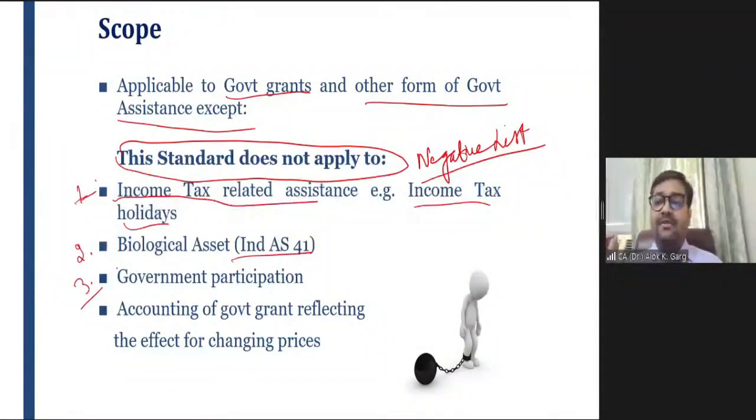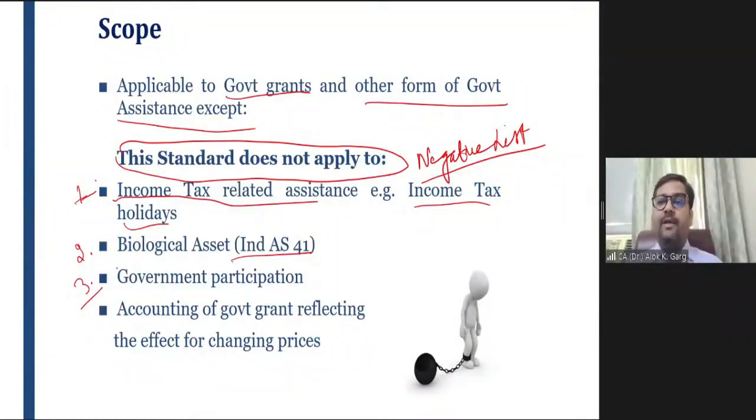When you see the balance sheet of DMRC Limited, in the equity share capital part, you will see this much equity is governed by the Lieutenant Governor of Delhi, and this much equity is governed by the President of India. So who are the promoters of Delhi Metro Rail Corporation? The central government and state government are the promoters. So what does it mean? It means the government is the owner of the company.